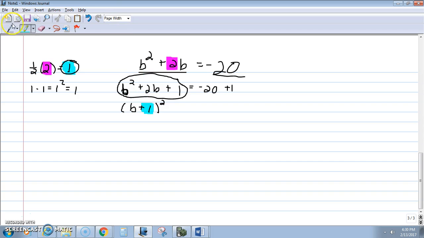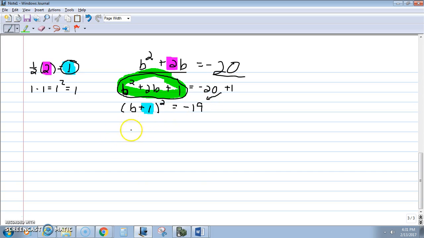And remember, this whole part of the equation is the same as this. They just look different, okay? But they're the same. And I just want to get rid of that so this is easier, equals negative 19. And I just got that by adding 1 to negative 20.